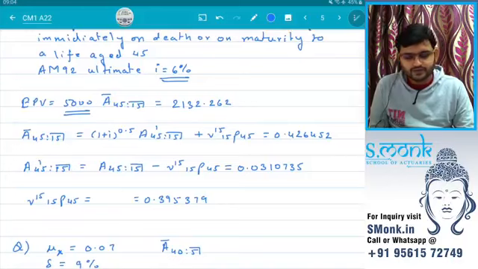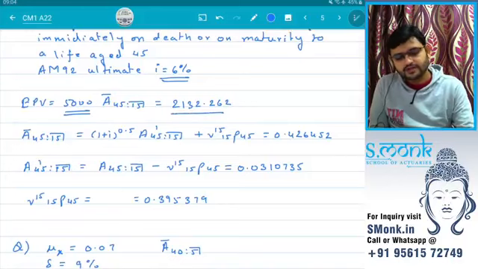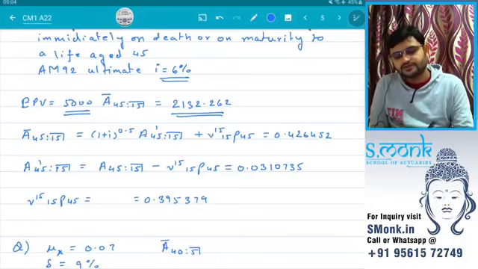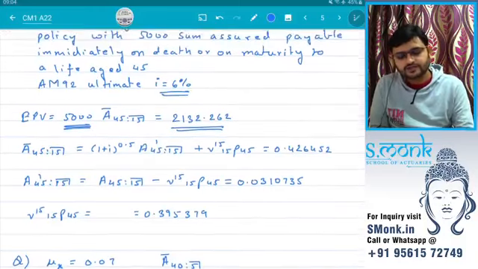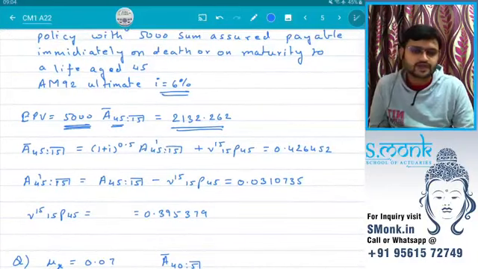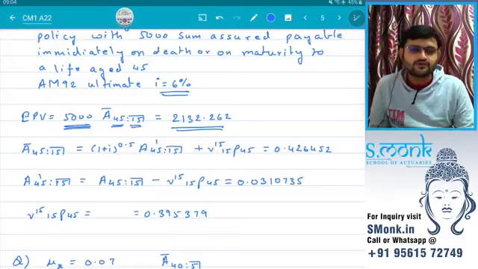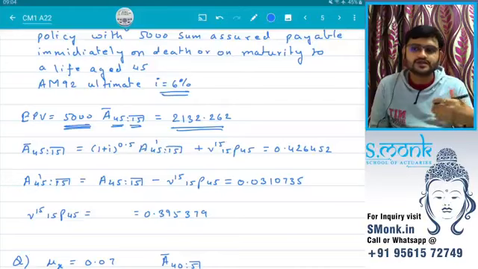So this became nothing but the cost the company would incur if they gave a sum assured of 5,000 for an endowment policy to a person aged 45, endowment policy going for 15 years, and the benefit is payable immediately on death. This is how the policies are designed. These are the main points of this policy.